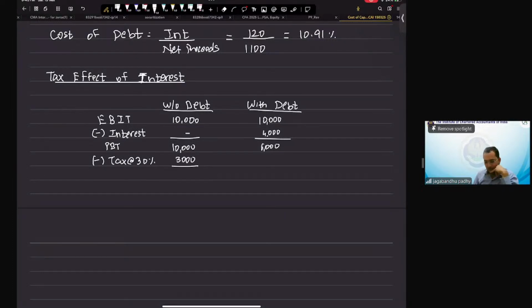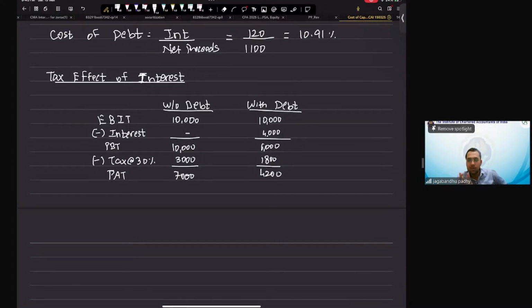Can you tell me what is the amount of tax in the second case? 1,800. That gives us a profit after tax of 7,000 and 4,200.